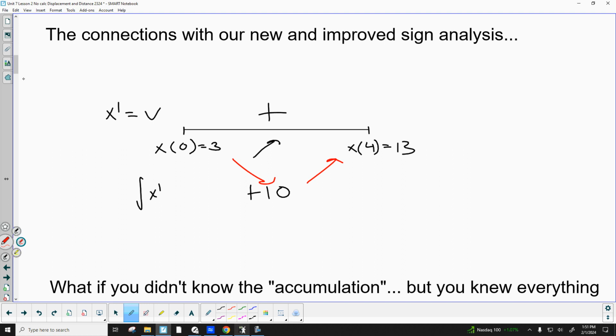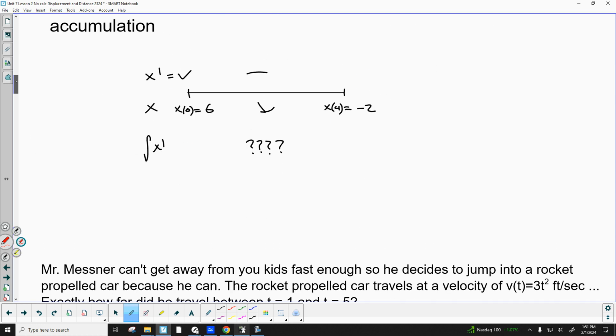Well, if I could not find this, but I could find these or variations of these. If you don't know what this is because you don't have a calculator and you can't accumulate, but you are able to find this and this, would you tell me what the accumulation of your derivative was over this interval 0 to 4?